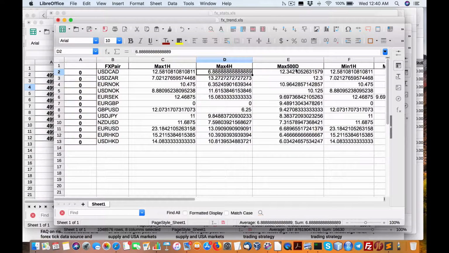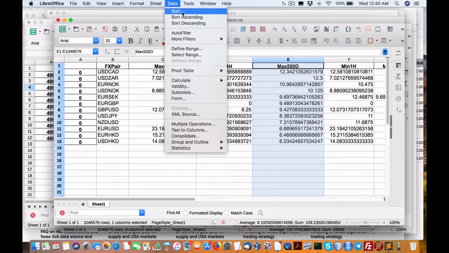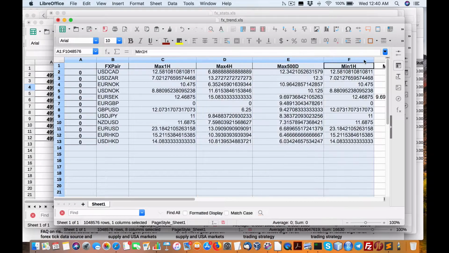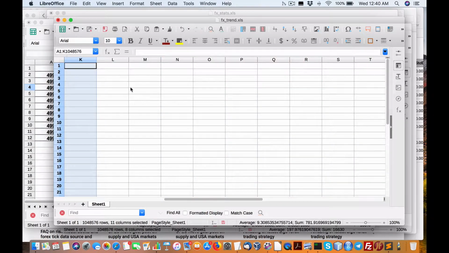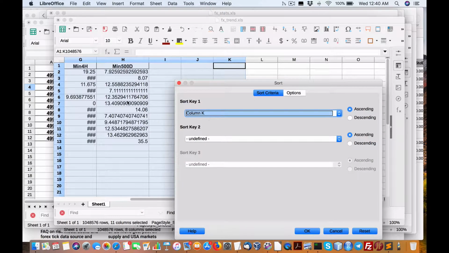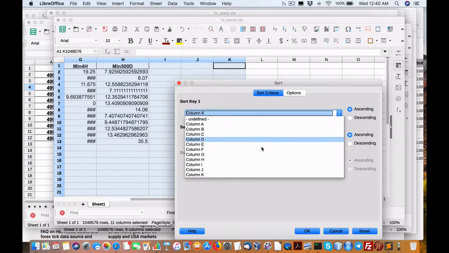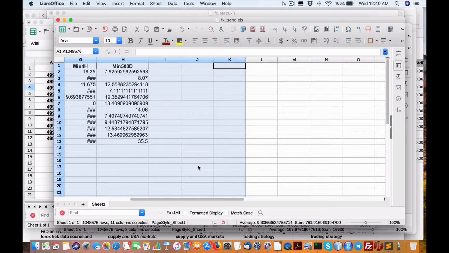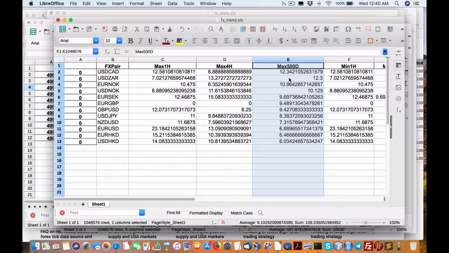I've done the first sort on column E here, max 500D, using sort. Pretty simple stuff, and I can do the same thing in a data frame if I want to fully automate it. So we are going to sort column E descending. Column E is this one right here, maximum 500D.